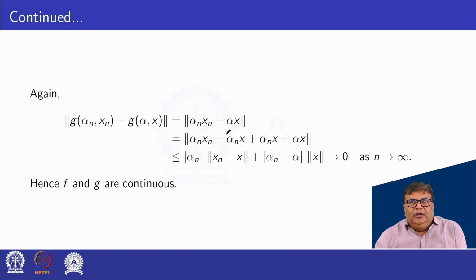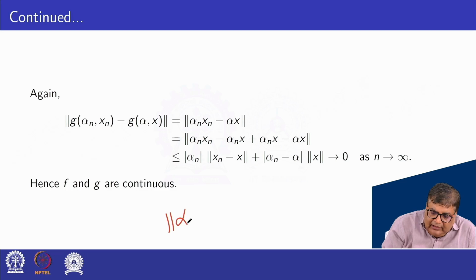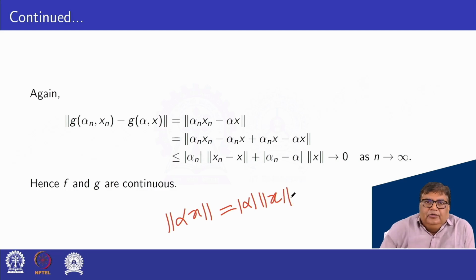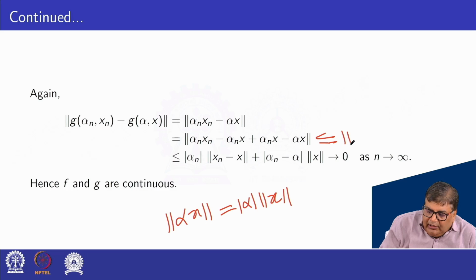Again, applying the triangle inequality, this is less than or equal to norm of alpha n xn minus alpha n x plus norm of alpha n x minus alpha x.